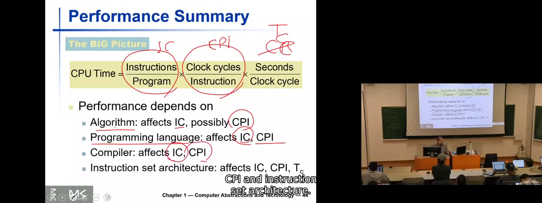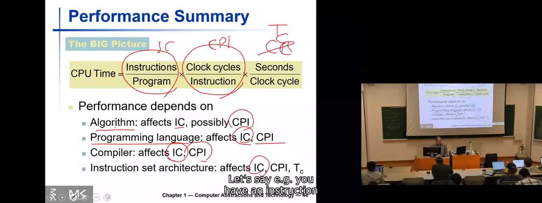An instruction set architecture depends on the vocabulary that we have talked about. You have code, and then you make it into the lower level of the machine. So if you have a different instruction set architecture, of course it will change the IC. If you have a rich instruction set, where each instruction does complex things, then the number of instructions would be less.